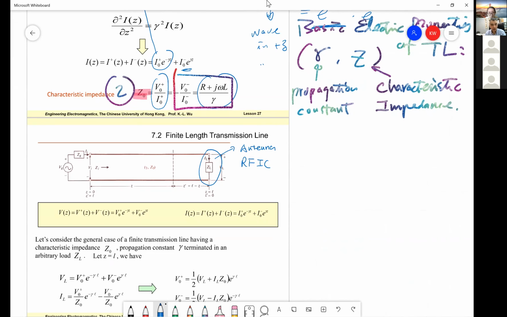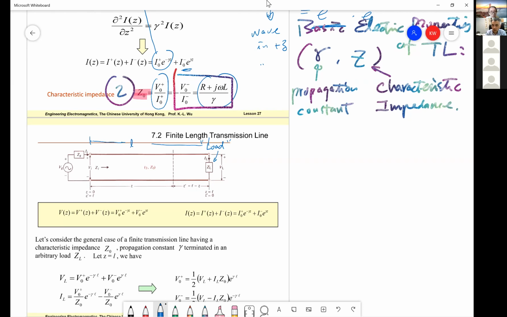Any high frequency stuff, any high frequency, high speed circuit. So we call this load. So load is put on the one end of the transmission line. So this transmission line, we have a total length L.